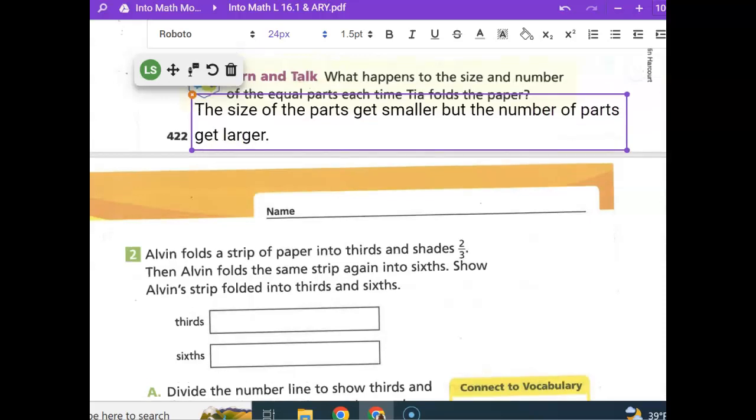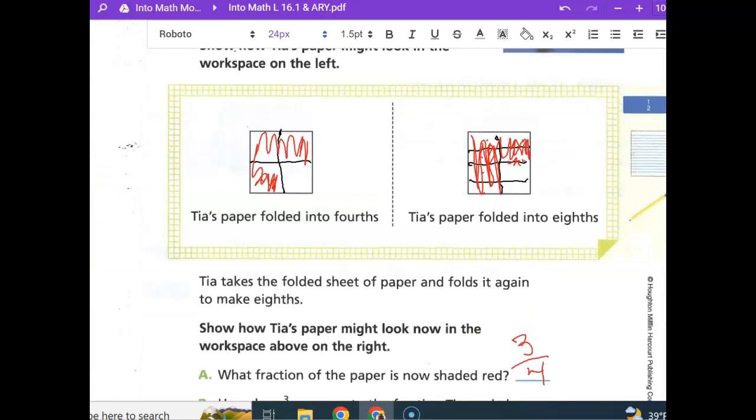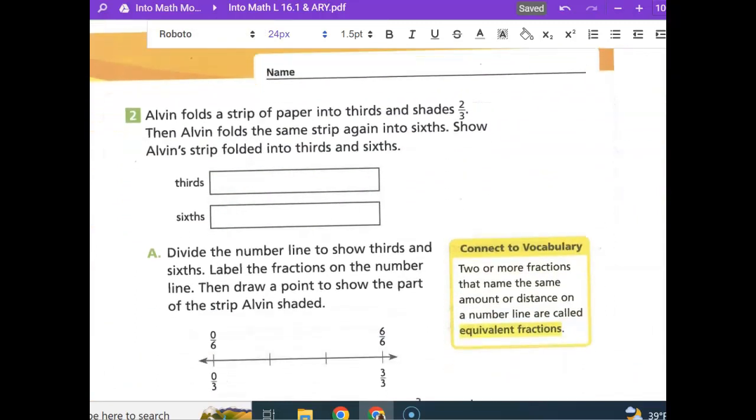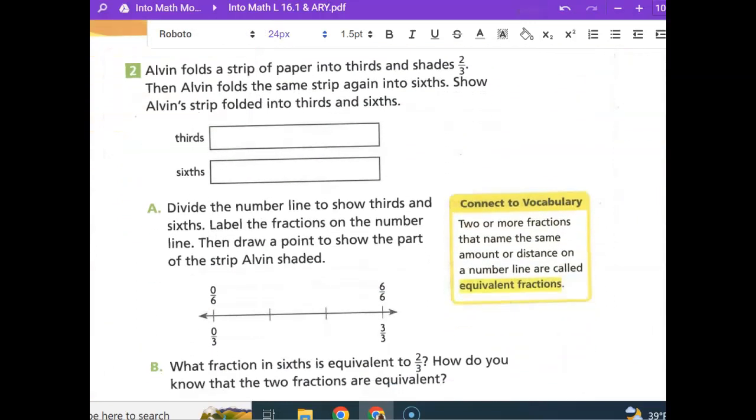We fold it again, just like here we had fourths, then we folded it into sixths. Eighths.